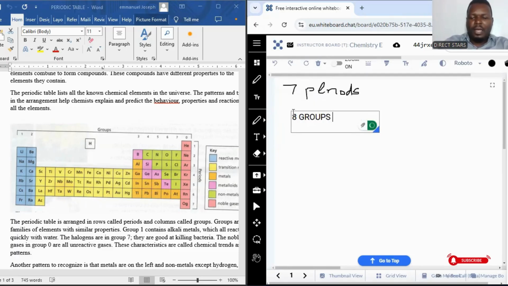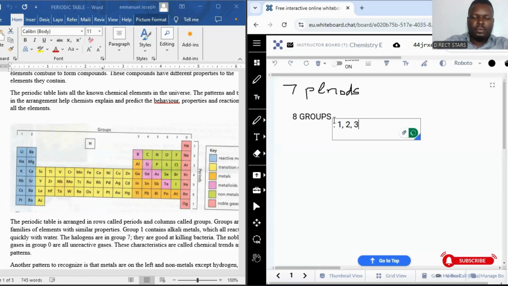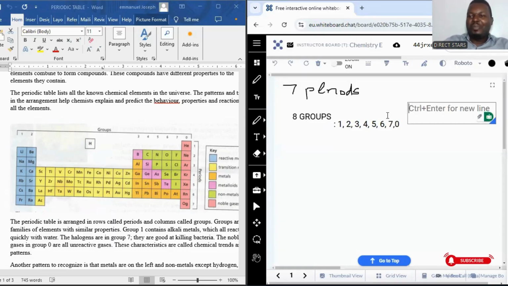And these groups are, we have group 1, 2, 3, up to 4, 5, 6, 7, and 0. So those are the groups we have on the periodic table. For periods, we have period 1 to 7.